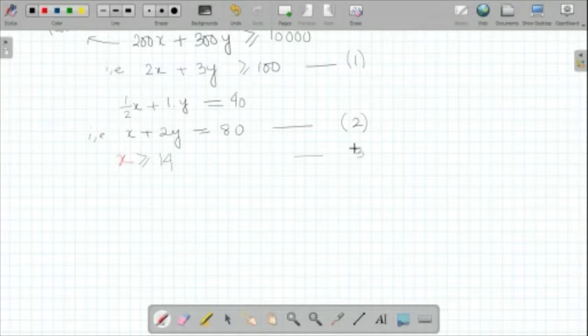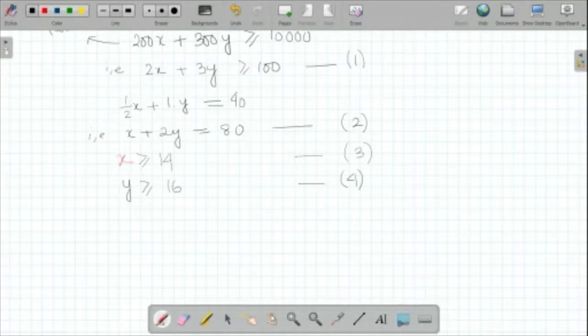So this is my third equation, right? And y permanent order of 16, so that will be my fourth equation, right? So we have 1, 2, 3, 4 equations. After that you have to draw the graph and solve the equation, then it's very much easy, right?